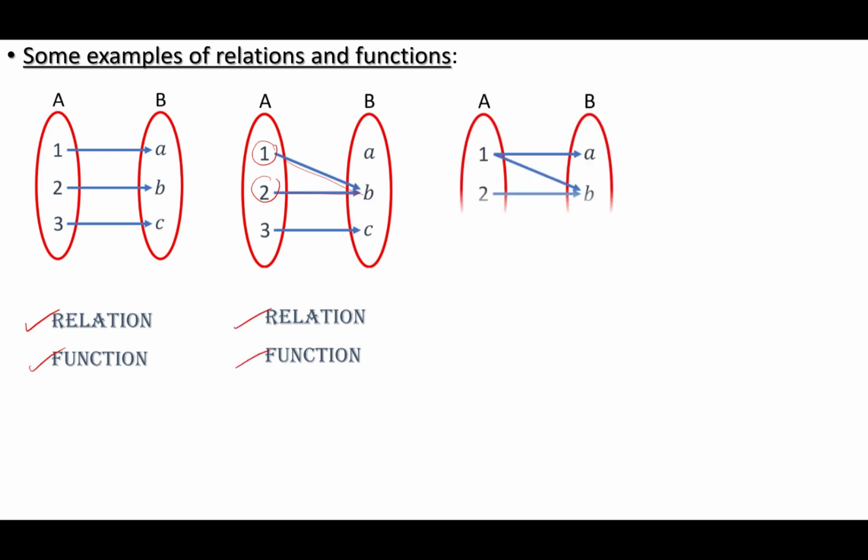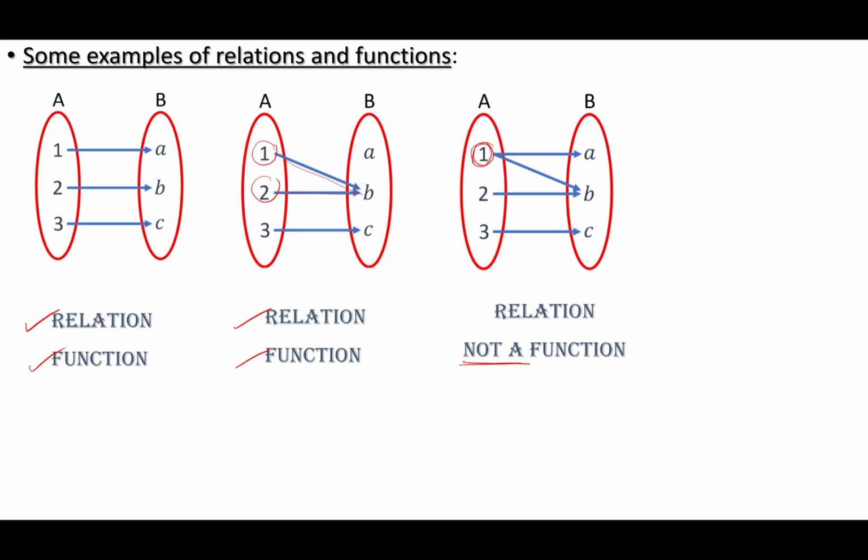Example number 3. Is this a relation? Yes, it is a relation, but it is not a function. It is not a function because element 1 of set A has two outputs, and the function definition says it has exactly one output, not more than one. That is why it is not a function.